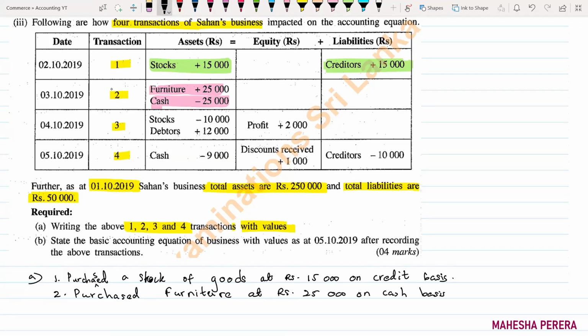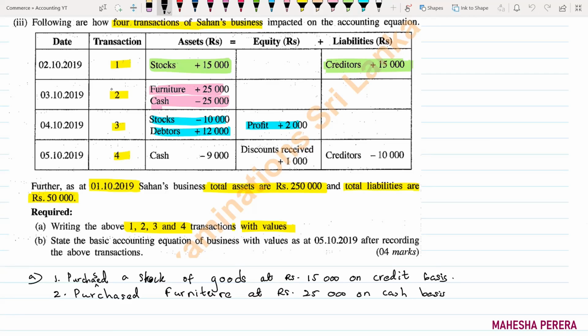What are the impacts? Can you see there are 3 impacts? Stock decreases, debtors increase. Here equity increases because of profit, right? So what is this transaction? How do you write this now? When stock decreases, it means it's a sale of stock.